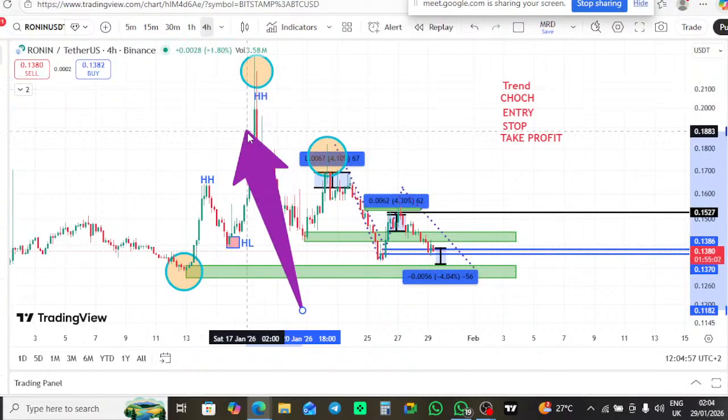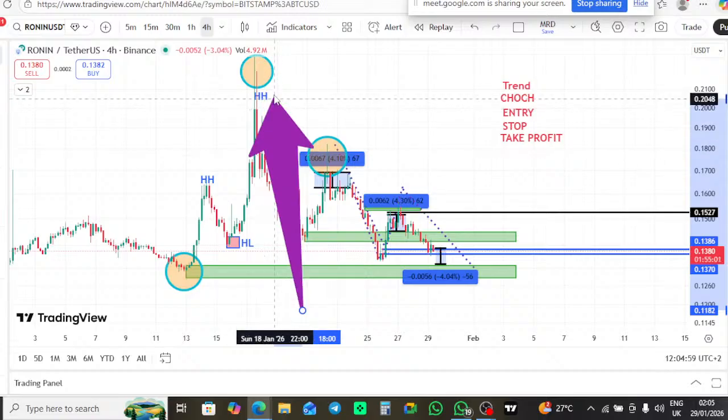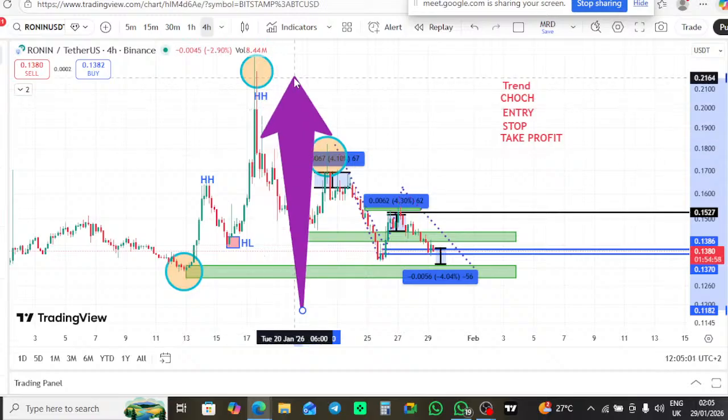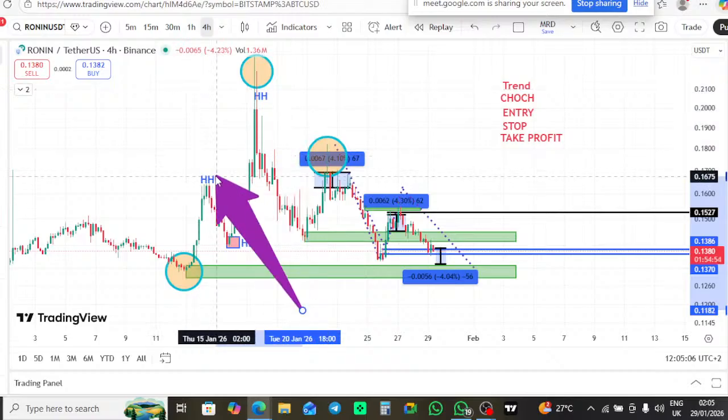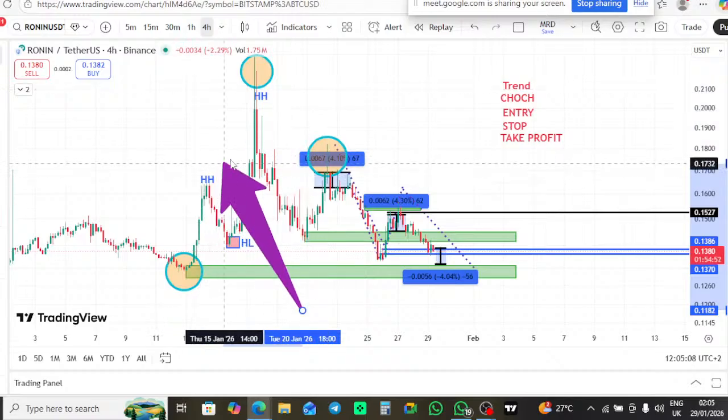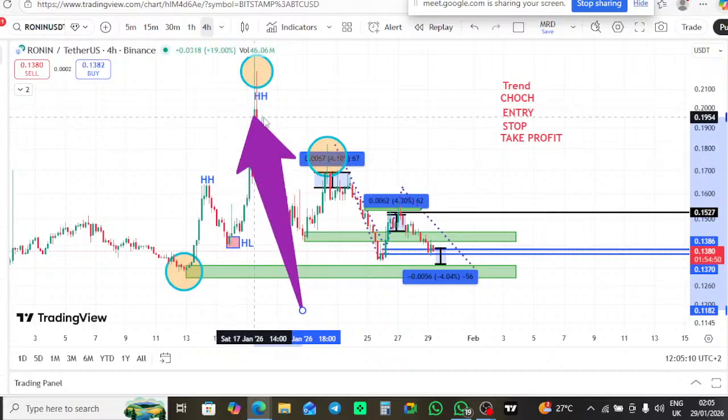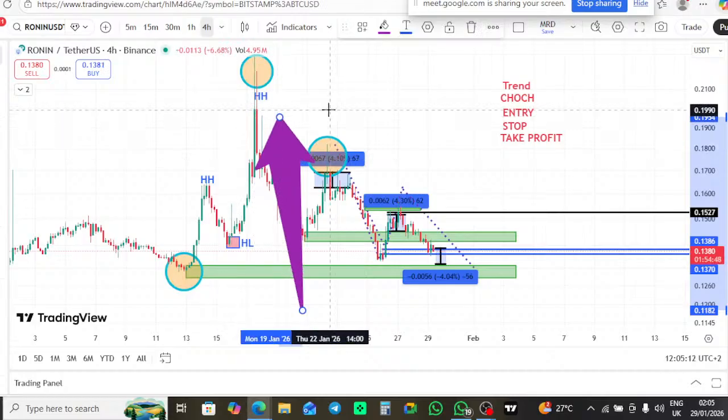But remember, the trend can keep moving up. From previous classes, I told you the market shouldn't be having only one high. That is not in order. The market is supposed to be having more than one high.